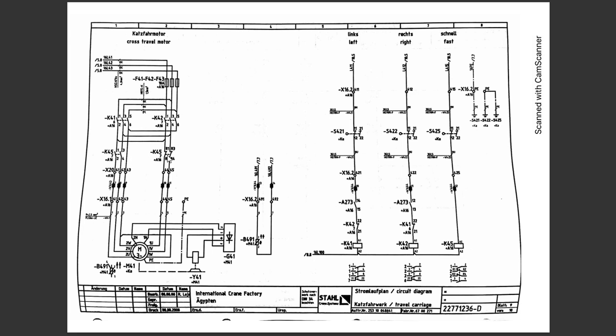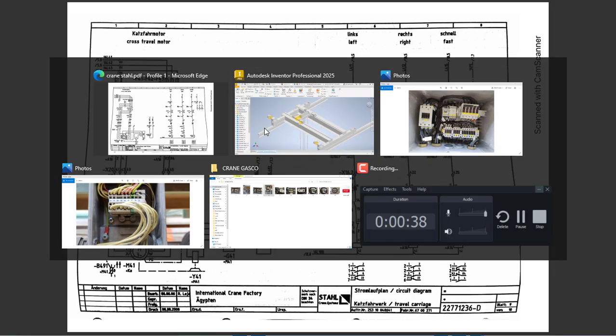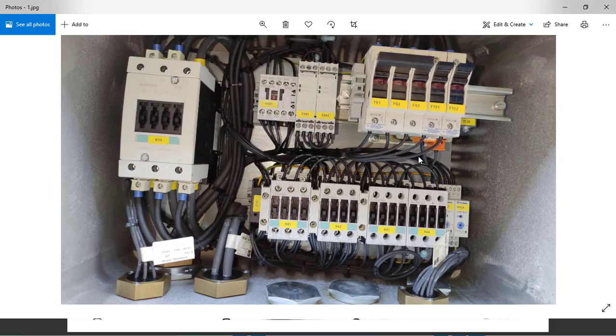K44 and K45 are responsible for the high speed and low speed, and this is the same working principle as the traveling movement. So the cross traveling motor has four different contactors with the same idea as the first, or traveling movement.